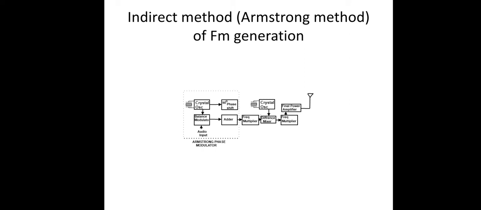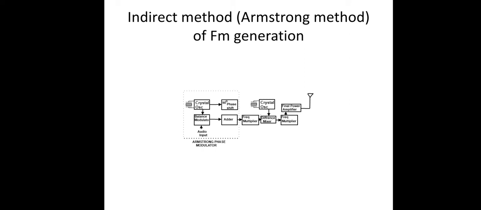The DSBSC signal from the balanced modulator and the 90-degree shifted unmodulated carrier signal are combined in a combining network. The final result is a phase modulated signal, which is the indirectly frequency modulated signal. That is, the modulating signal is passed through the integrator and then to the phase modulator. Then we get the FM signal at the output of the combining network.